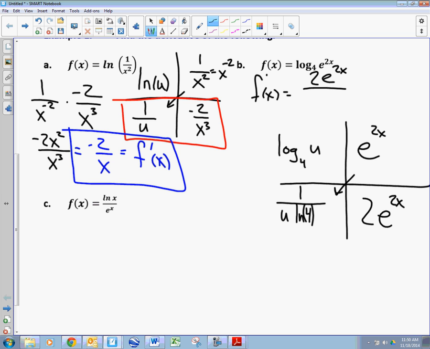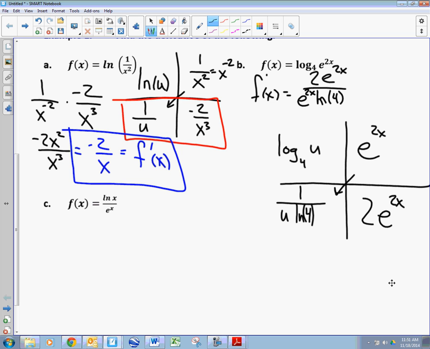We have to get to a point where we can see the chain rule. So we've got 2e to the 2x over e to the 2x natural log of 4.